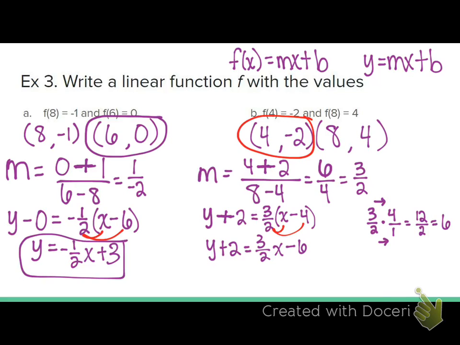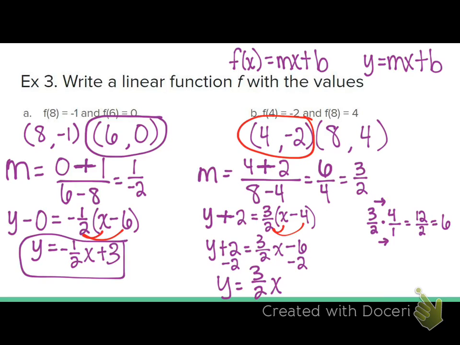Okay, last step, get y all alone. We need to subtract 2 on both sides. I should line the minus 2 up underneath what? Underneath the 6. So minus 6 minus 2. So I'm left with y equals 3/2 x.